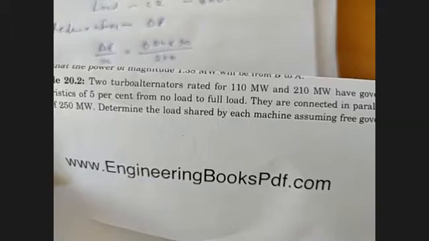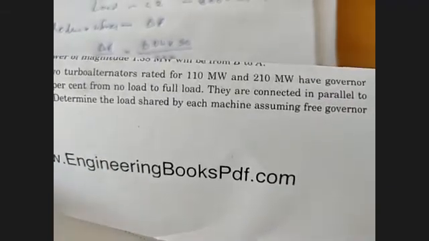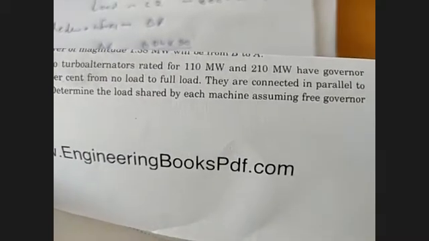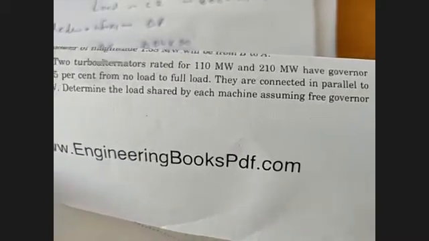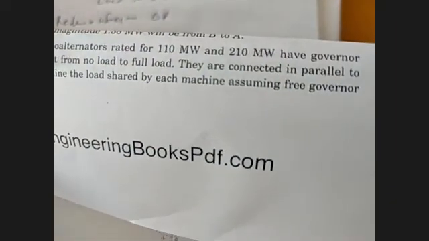Determine the load shared by each machine assuming free governor action. This numerical you have to do and reply to me in the chat with the answer.